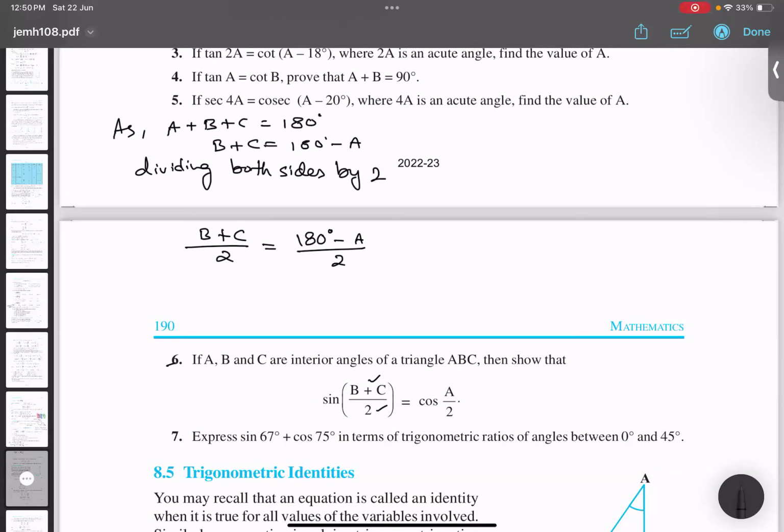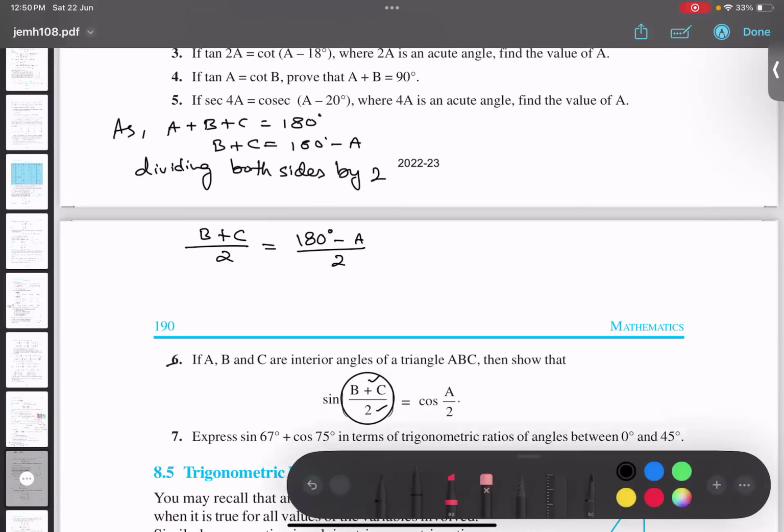Now, B plus C upon 2 is exactly what I wanted, so I'm not going to change anything. Whereas over here, I can just split. So I can write this as B plus C upon 2 equals 180 upon 2 minus A upon 2. I hope it is clear now. 90 minus A upon 2.